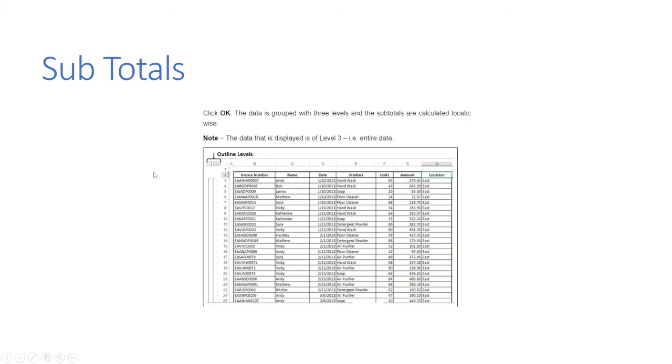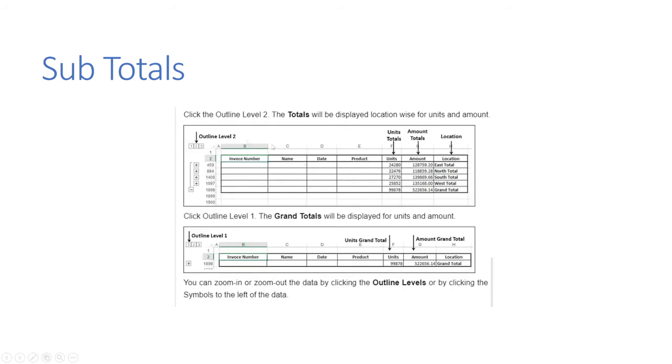Click OK, and the data is grouped with 3 levels, and the subtotals are calculated location-wise. Note the data displayed is of level 3, that is the entire data. Click outline level 2. The totals will be displayed location-wise.